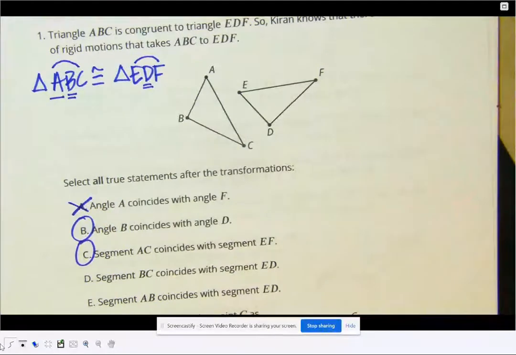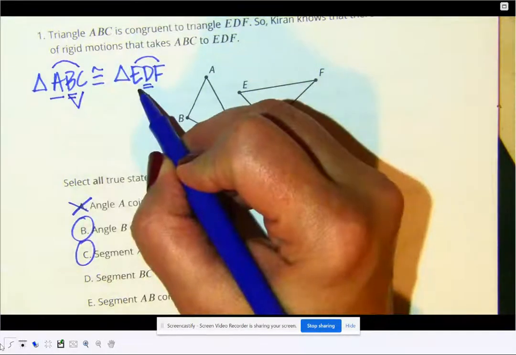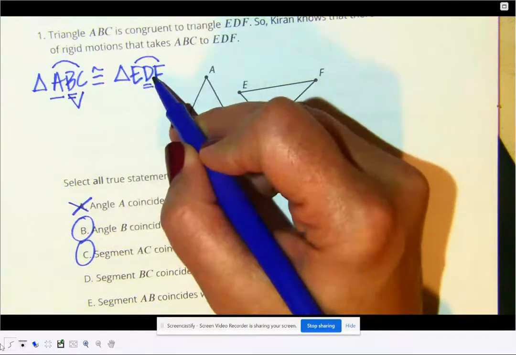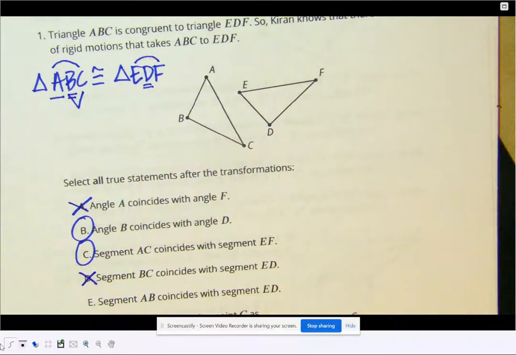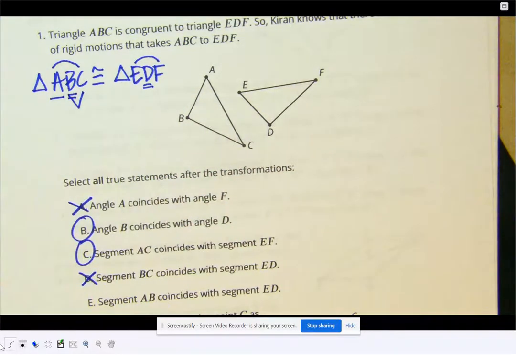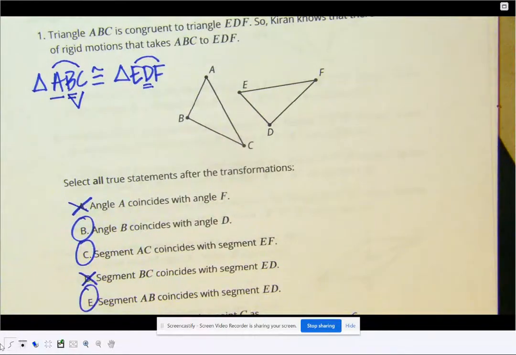Segment BC coincides with ED. BC is the second to the third letter, and then this is the first to the second. No. And finally, segment AB, that's the first two, coincides with ED, the first two. Correct.